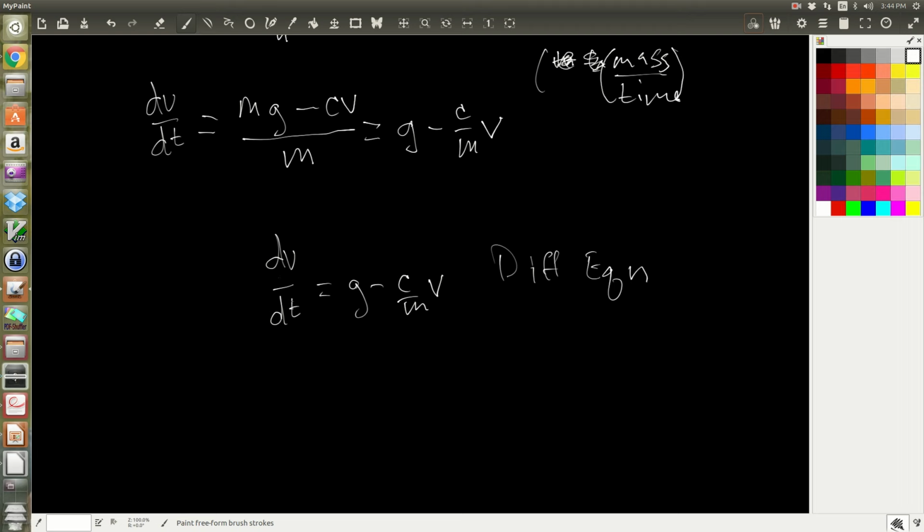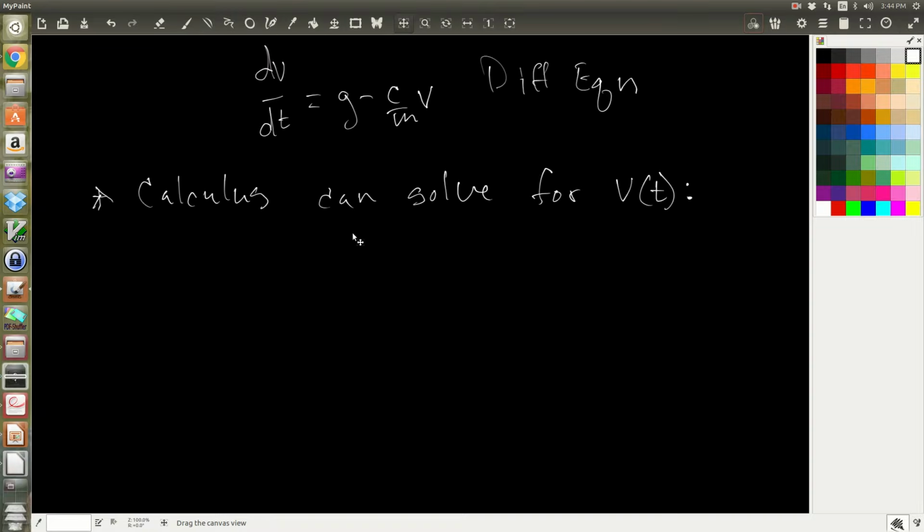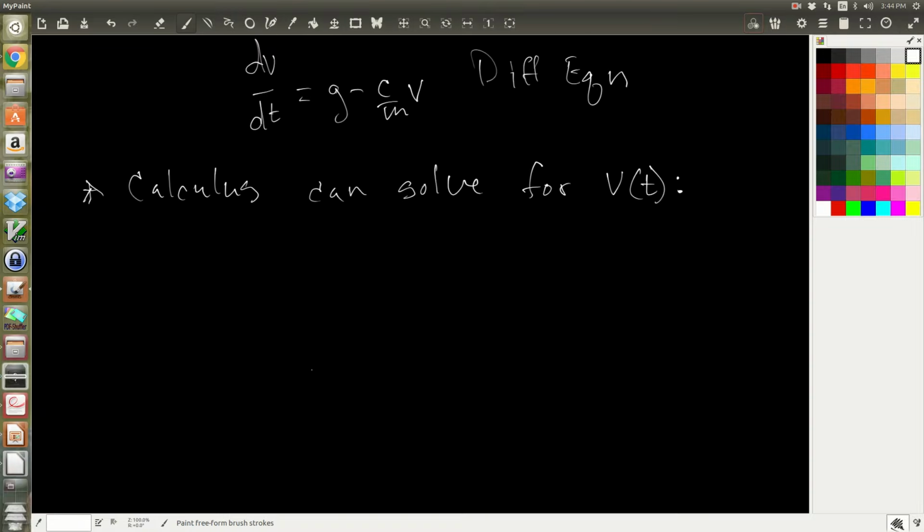Now we can solve this differential equation using calculus, for v as a function of time. I'm not going to walk through the details, but I'll write down the solution that calculus gives us.